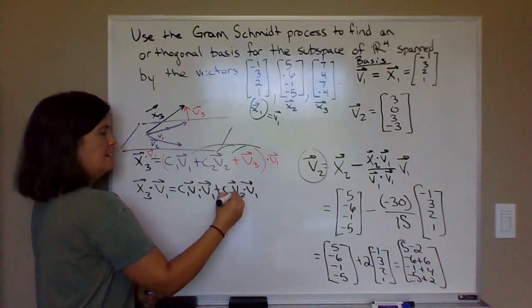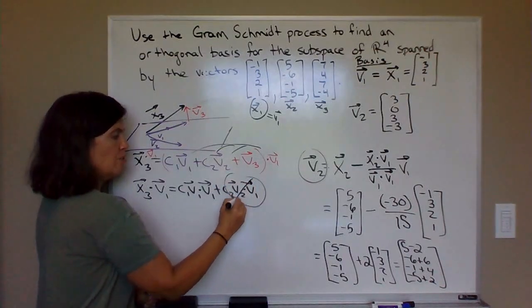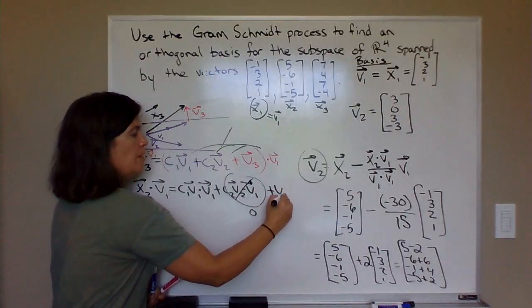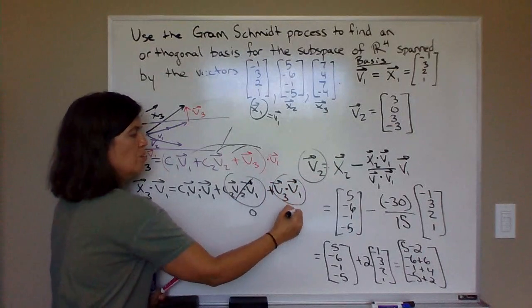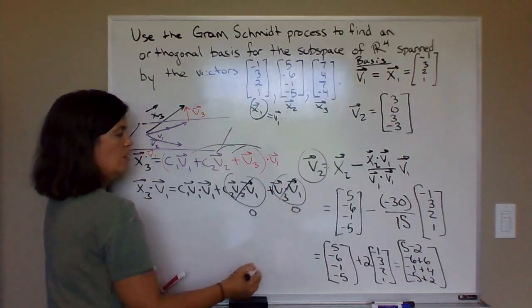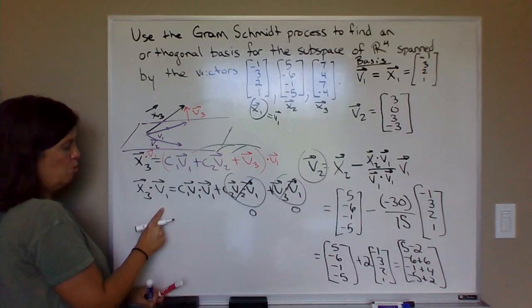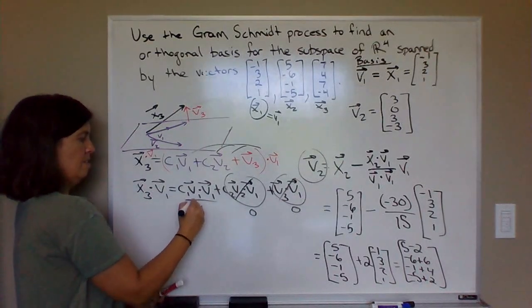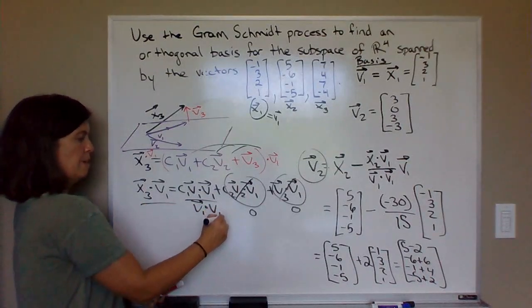But these guys by design are orthogonal. This is already part of our orthogonal basis, so this inner product is 0, plus V3 dot V1. And again, by design, these vectors are orthogonal, so this inner product is 0. And so we can solve for C1, which is going to be equal to x3 dot V1 divided by V1 dot V1.